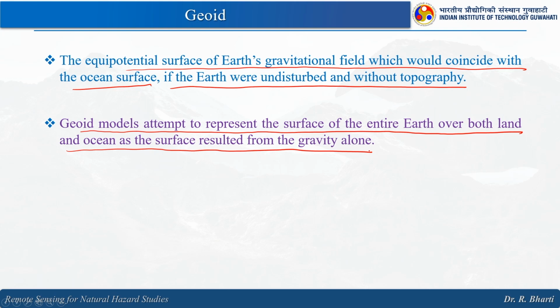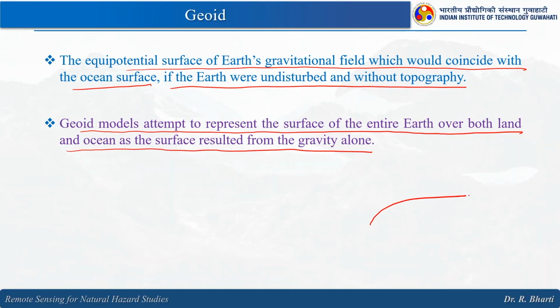So, if we forget about the topography, the elevation and the depression, and only consider the gravitational forces, then the surface will match with the ocean surfaces, right. So, in the geoid we consider the gravitational field and we try to put them into the equipotential surface, right.